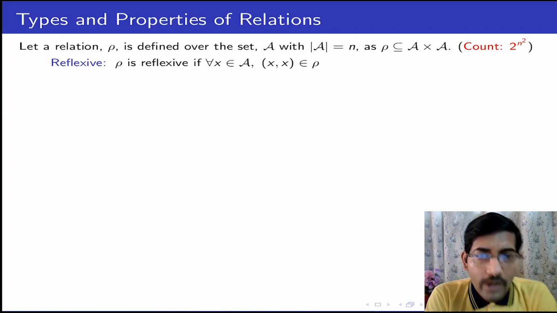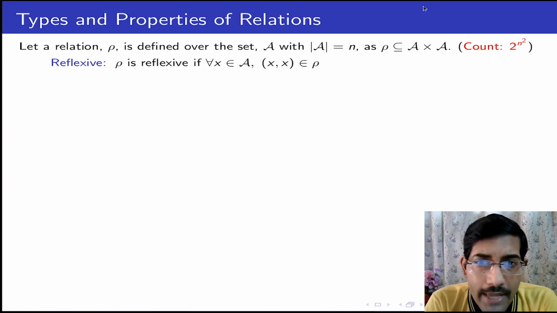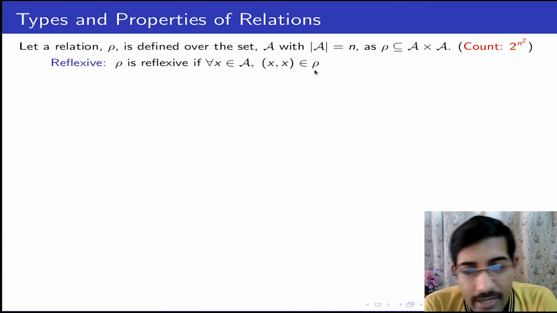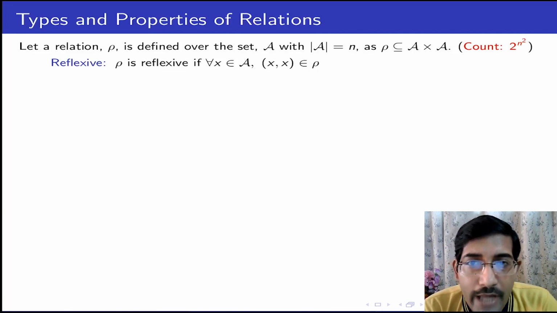Now let us go for the first kind of category of a relation. We call a relation rho reflexive when for all x in A, the pair (x, x) is in my relation. Again, I am giving you a very naive example to explain this. I know myself. Let's say the relation is whether I know me or not. Everybody knows himself.